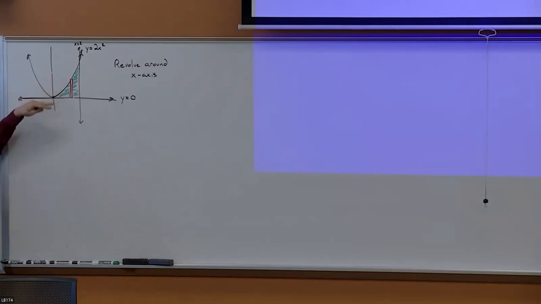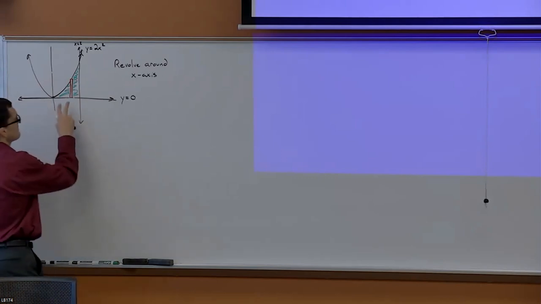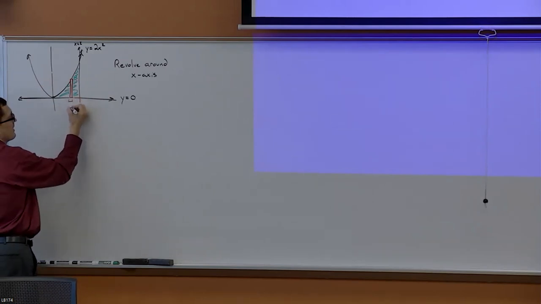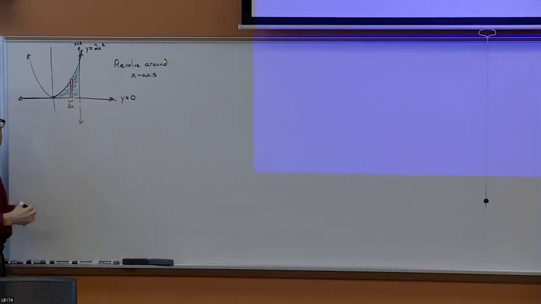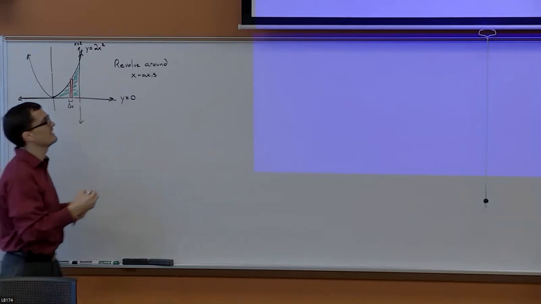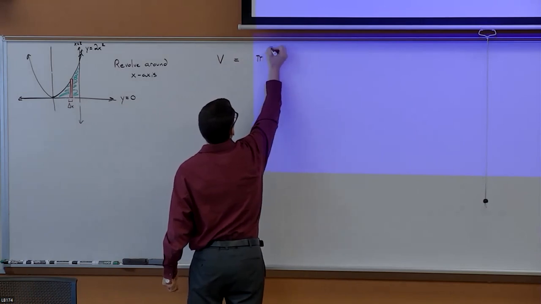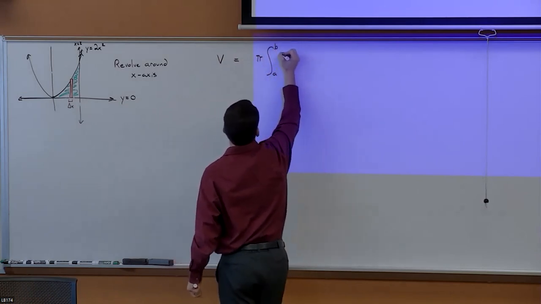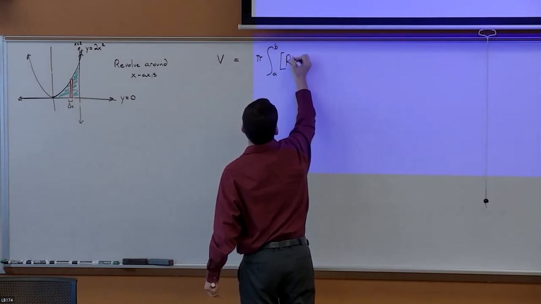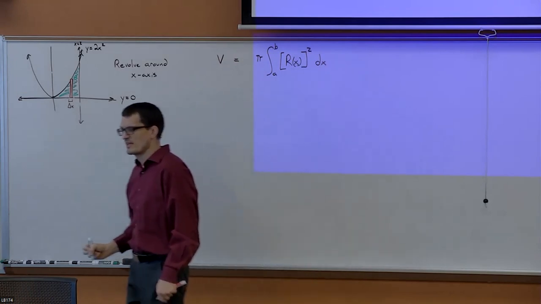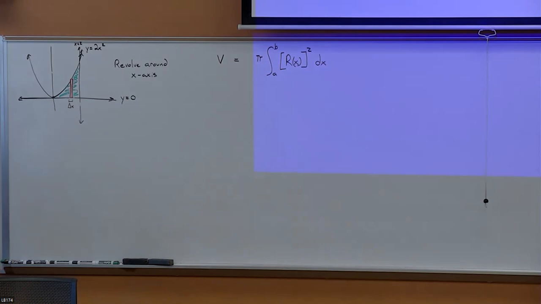And then I rotate it and I create a disk. Because this rectangle has width that is a small change in x, we're going to be integrating with respect to x. So our volume is going to be pi, integration from a to b, the radius function squared, all integrated with respect to x, and the radius function is done with respect to x.